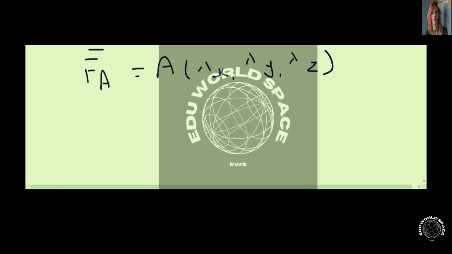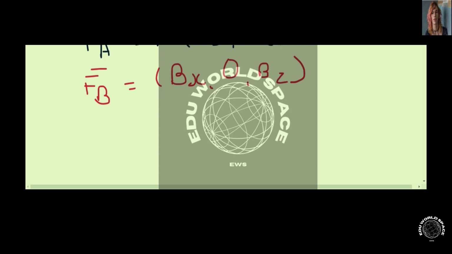Note that these values change as we do the transformation of the coordinate system. We can write down FB as Bx, By, Bz.